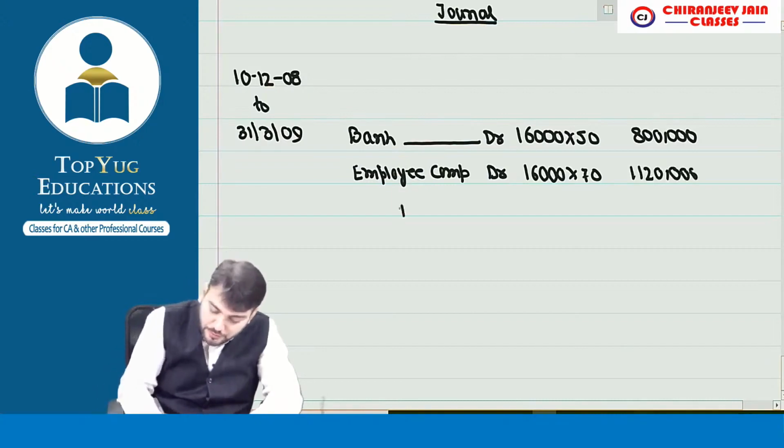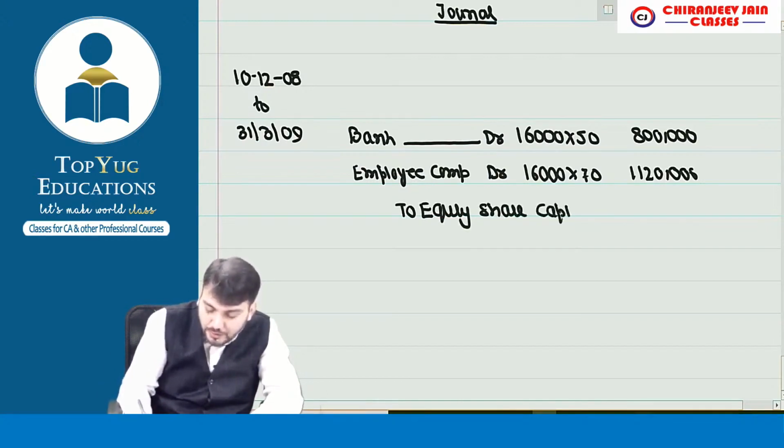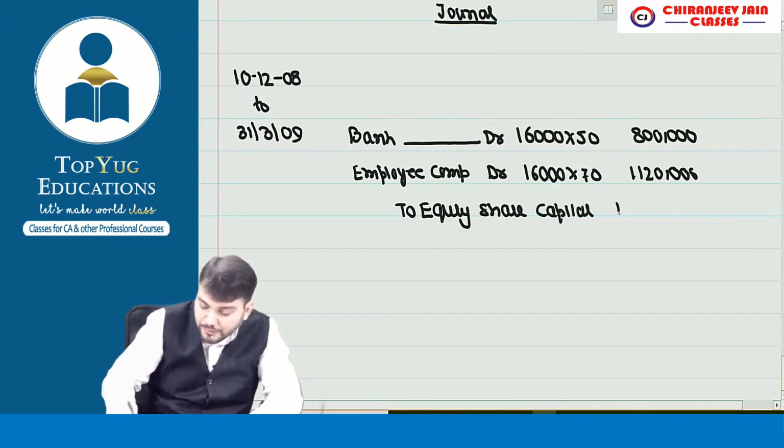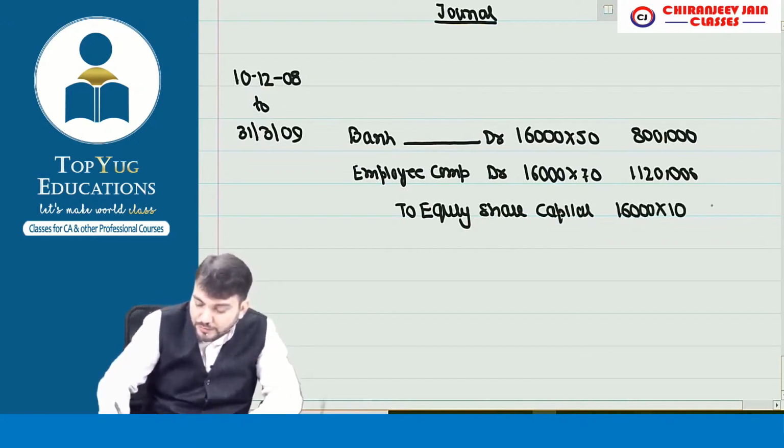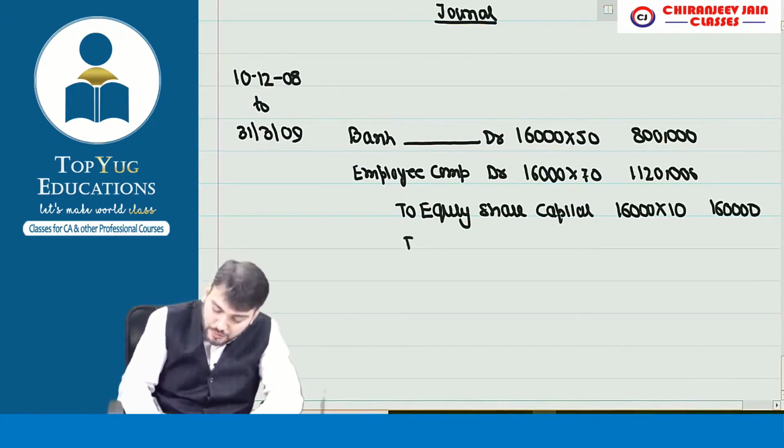To equity share capital. What is the nominal value? 16,000 into 10, that is 1,60,000.